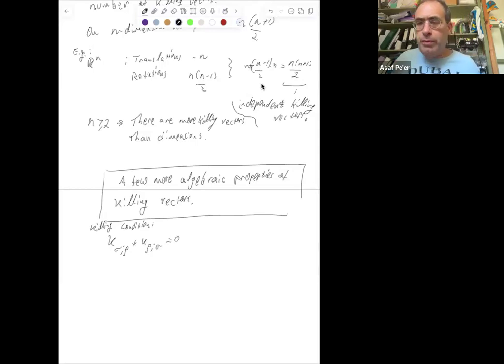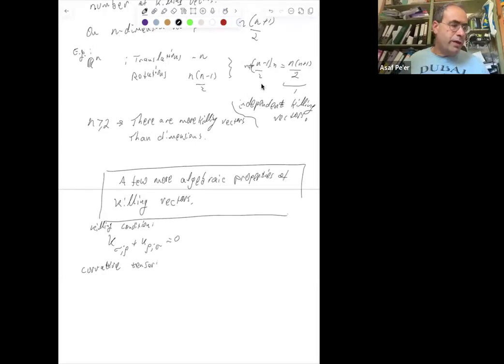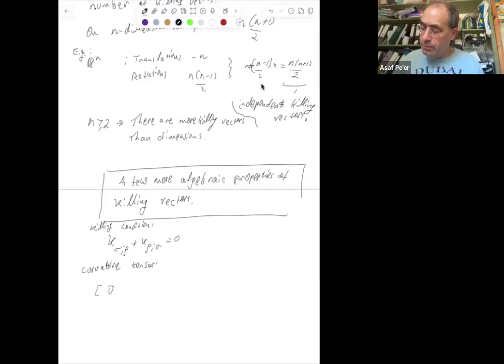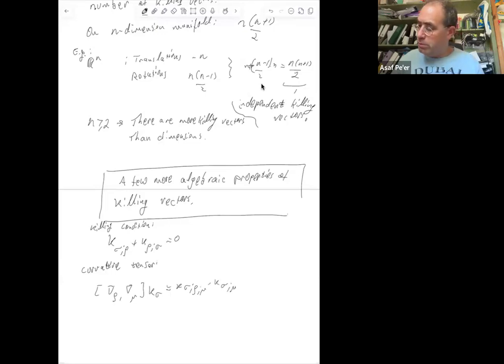Now, remember from the definition of the curvature tensor, if we have any vectors, doesn't have to be Killing, then the commutator gives K sigma rho mu minus K sigma mu rho is equal to minus R lambda sigma rho mu K lambda.